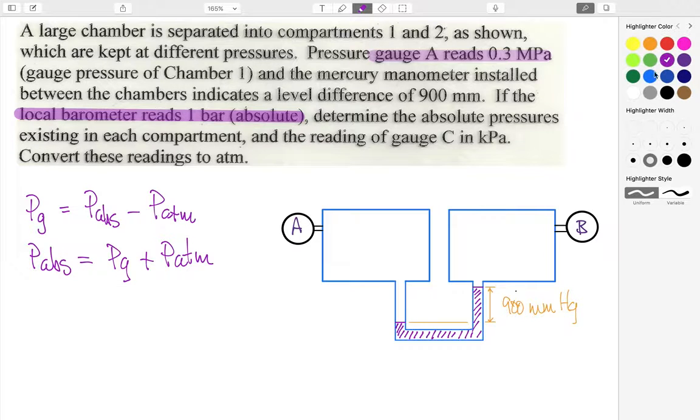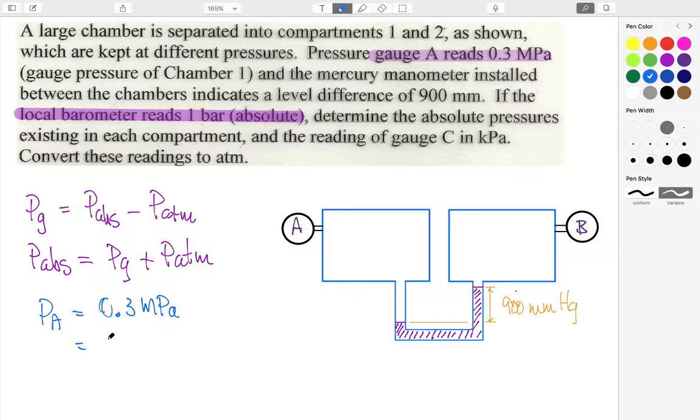Okay, so we've got a lot of things going on in this problem. We're going to start just with apparatus A, so compartment A. We have this pressure reading, and that pressure is really just due to the gas in here. That's what's influencing this gauge. So we know that the pressure at A is reading 0.3 megapascals, but that's a gauge reading.